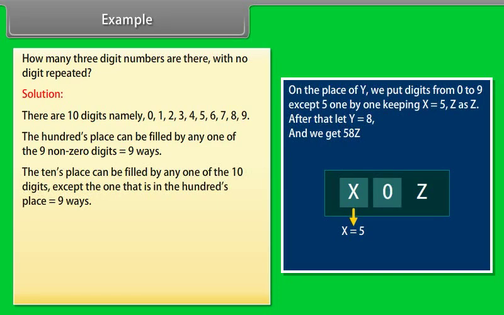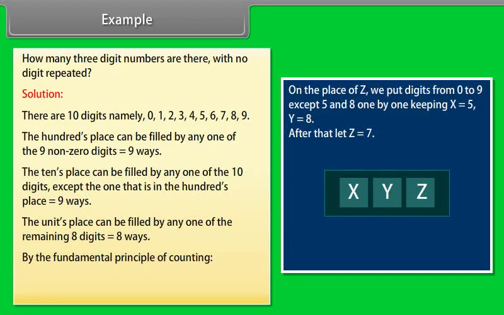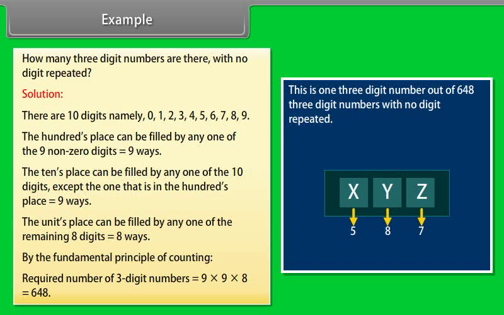The tens place can be filled by any one of the 10 digits except the one that is in the hundreds place, which is 9 ways. The units place can be filled by any one of the remaining 8 digits, which is 8 ways. By the fundamental principle of counting, required number of 3-digit numbers is equal to 9 into 9 into 8 is equal to 648.